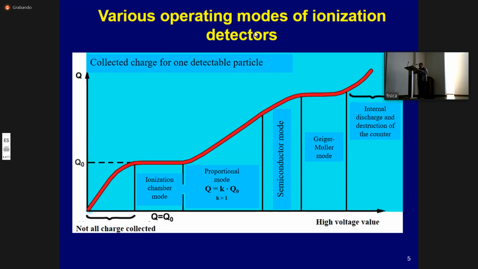With an even greater electric field strength, the primary electrons released by the detected particle acquire energy sufficient to produce ionization and release new, secondary electrons, which can in turn release the next generation, and so on.